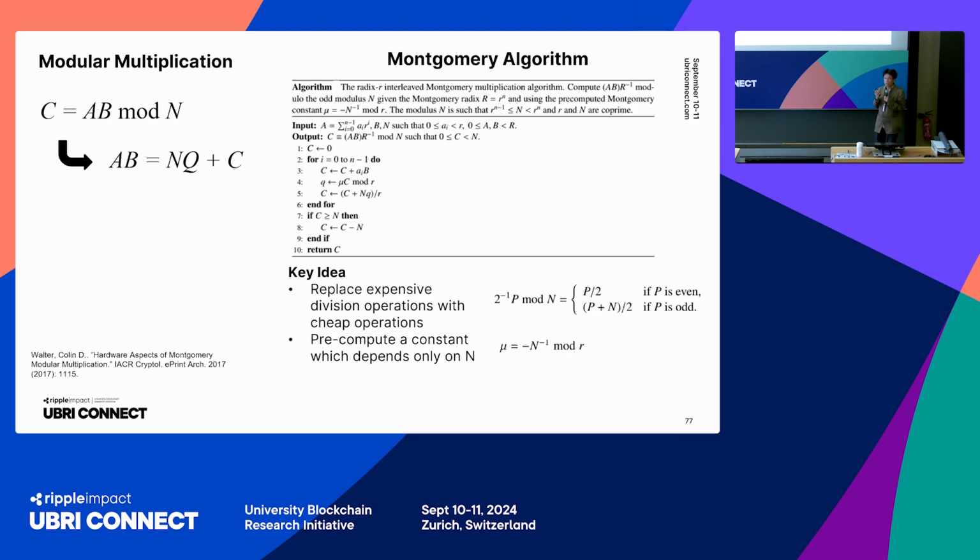When we implement division by 2 in hardware, we can implement it with just a shift operator, so it is much cheaper than a general division operation. We can also save time by pre-computing a constant, which doesn't depend on the primary inputs.